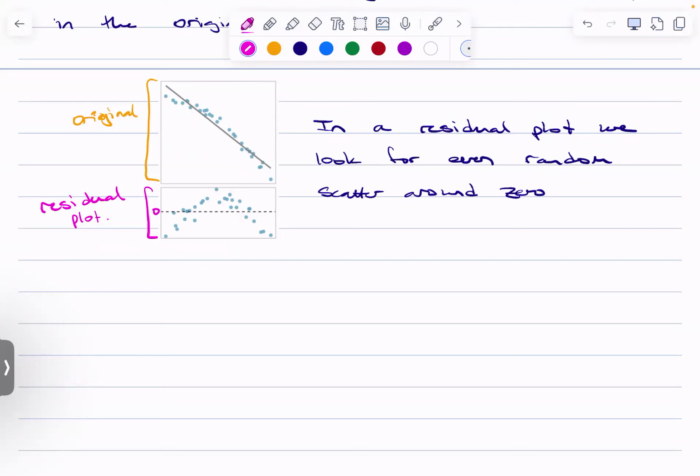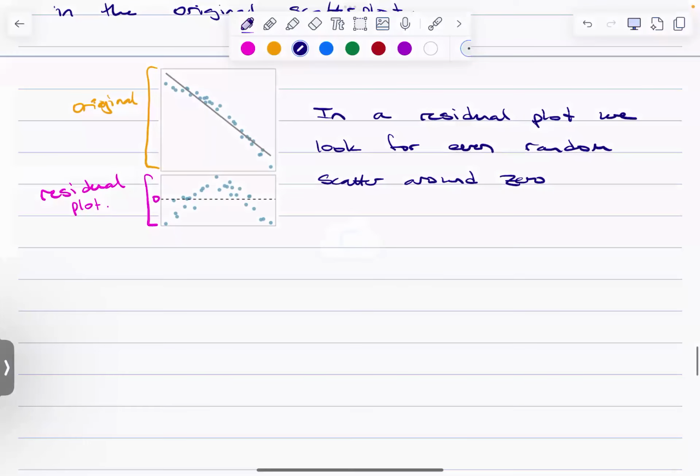Anything else is evidence against this, or just kind of an ill-fitting line.